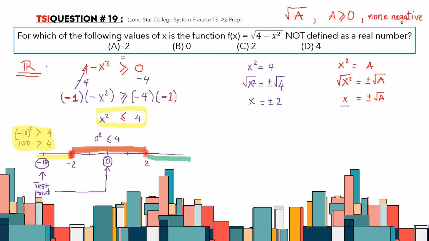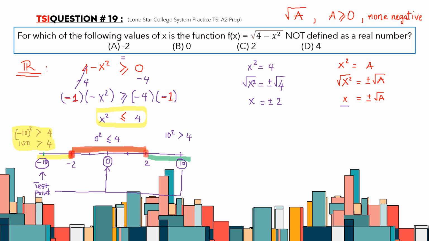Let's test the one on the right side of 2. Let's test 10. 10 squared is 100, and that is greater than 4.